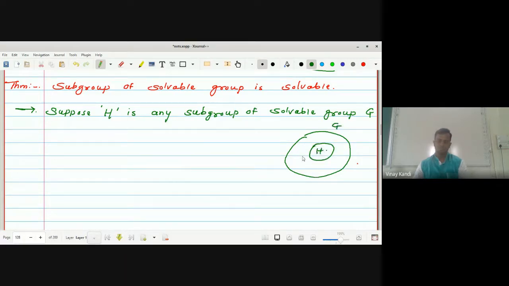So G is solvable, that is, G raised to n, the nth derived subgroup of G, is equal to the singleton {e}, which is contained in G raised to n minus 1, the (n minus 1)th derived subgroup of G, which is contained in up to so on G2, the second derived subgroup of G, the first derived subgroup of G, which is contained in G0, which is equal to G. Any doubt up to here?